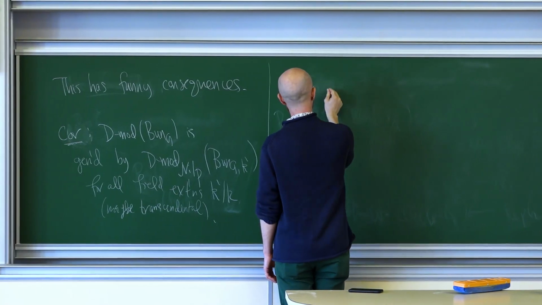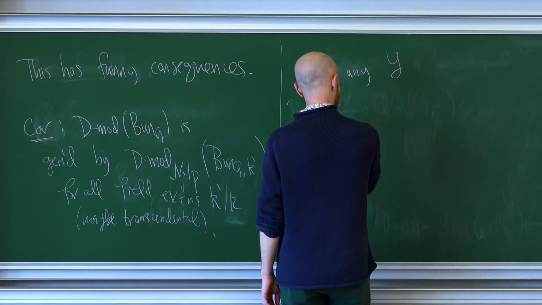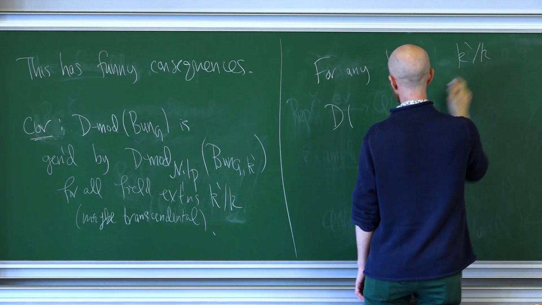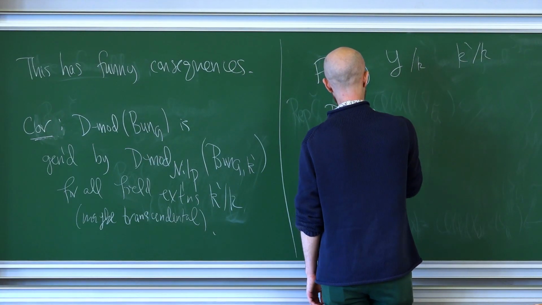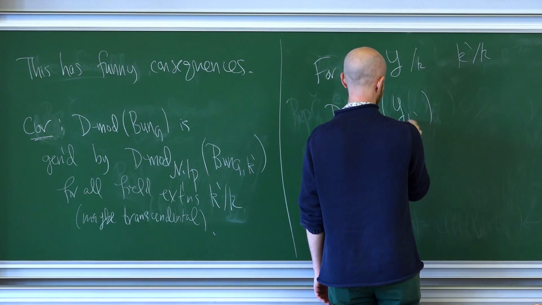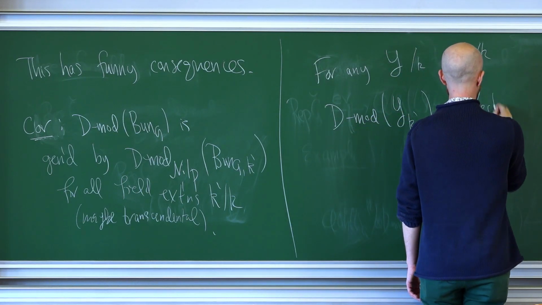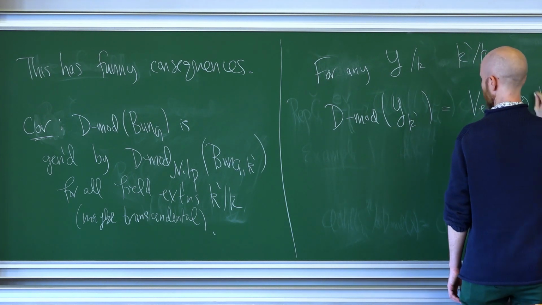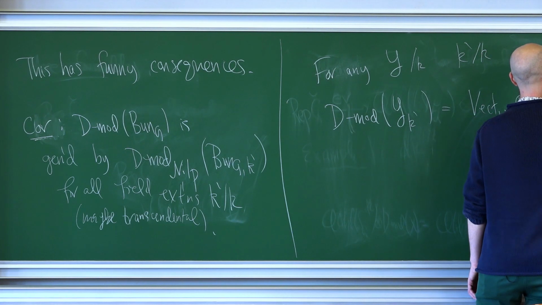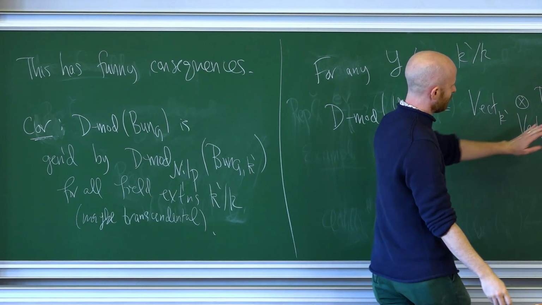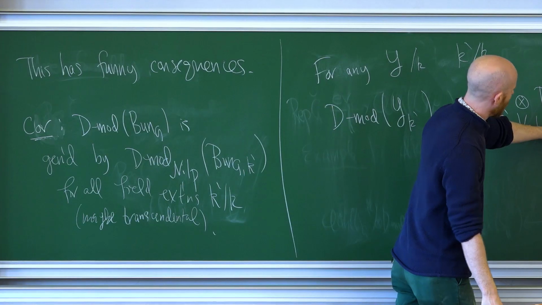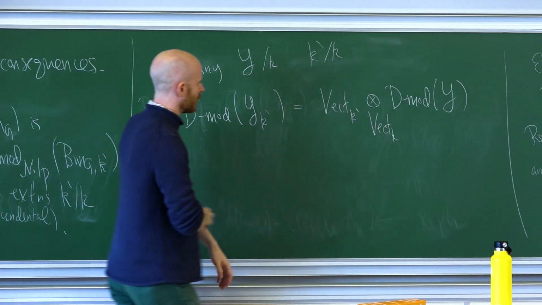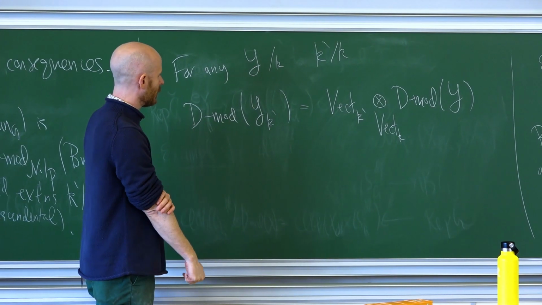So for any Y over this field K, and any K prime over K, the category of D modules on Y base changed to K prime is the same thing as the category of vector spaces over K prime, tensored over vector spaces on K with D modules on Y. This is just a fancy way of saying: the category of D modules on Y is enriched over K vector spaces; now just tensor those Homs up to K prime to force it to be enriched over K prime vector spaces instead.